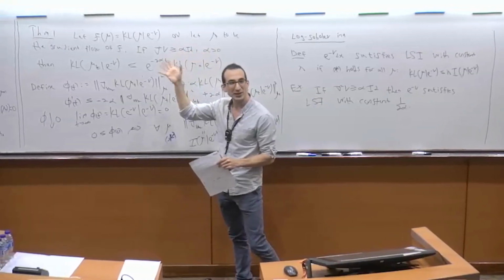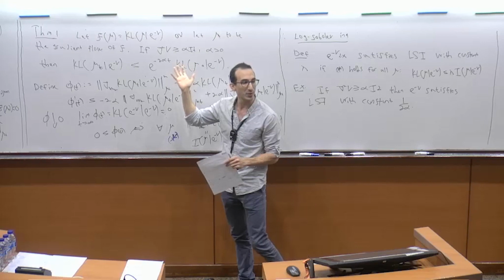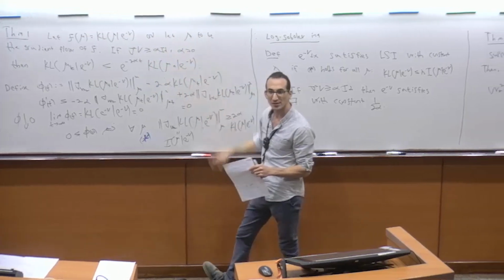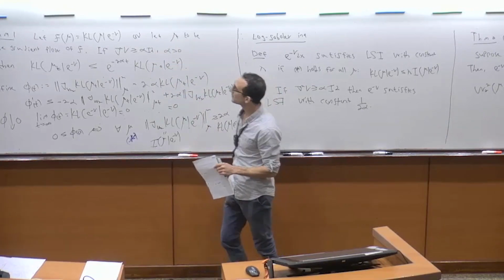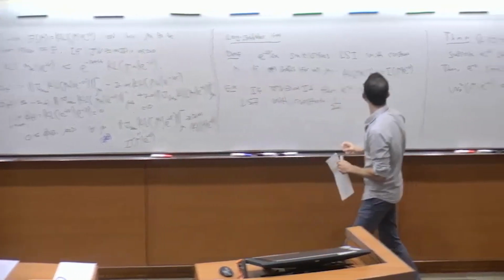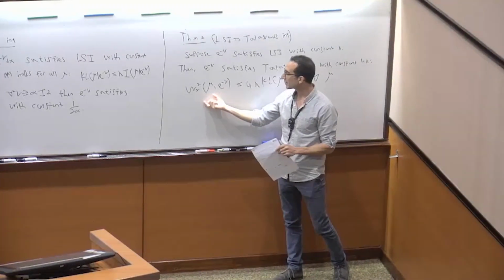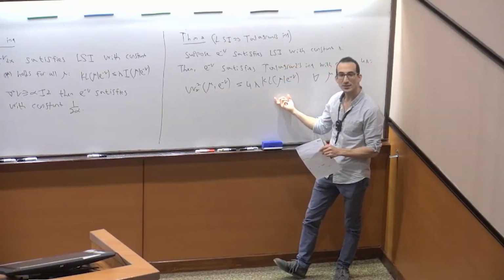The Gaussian is a great example of such a measure, because the Gaussian is just e to the minus x squared over some variance. So for such measures, we can always compare the Wasserstein distance to the measure with a KL to the measure.